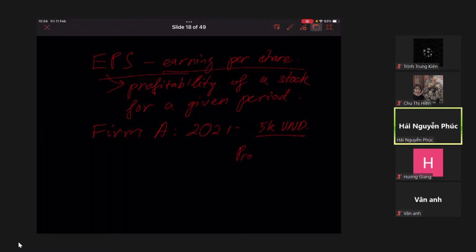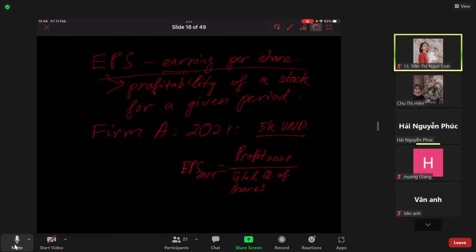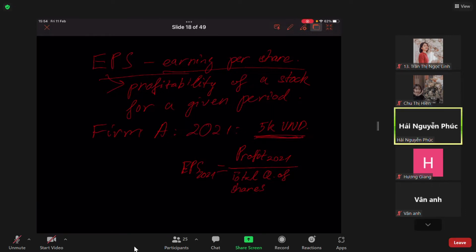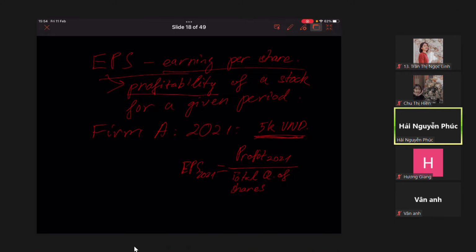They take the profit of this firm in 2021 divided by the total quantity of shares in circulation. Understand what I'm saying? Yes. Okay, and they get the EPS. And once again, I want to stress this point, it tells us about the profitability of a stock for the year 2021.